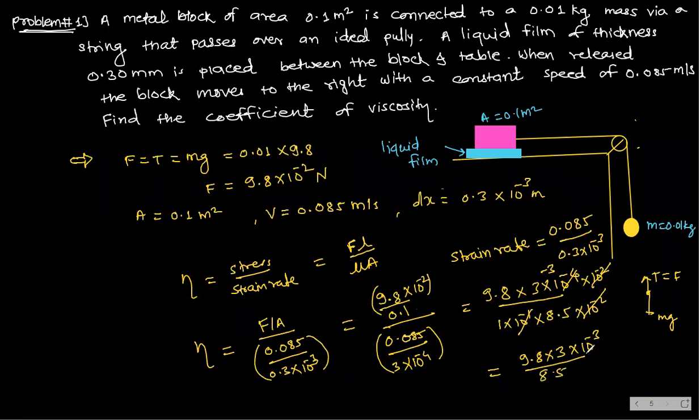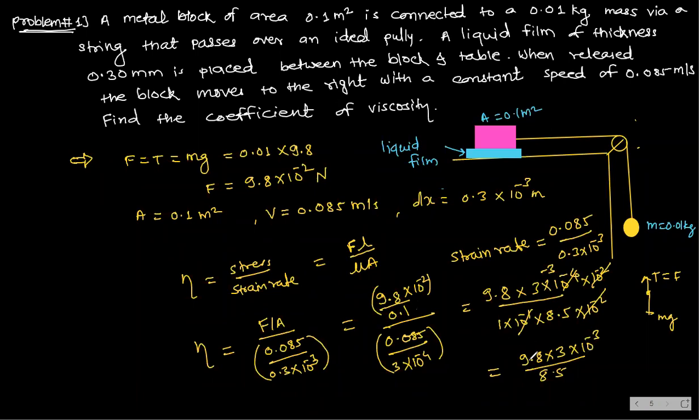Check it now. Once you check, everything is correct. Check it once. 9.8 into 3 divided by 8.5.